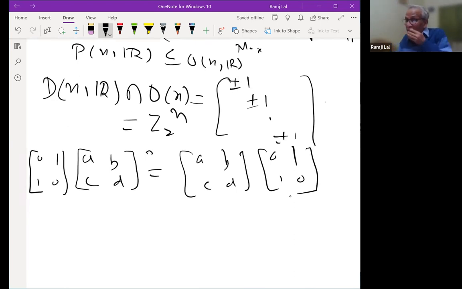Any transposition matrix will be like this: in the ith row, jth column it will be 1, and in the jth row, ith column again it will be 1, and ii will be 0, jj will be 0. That is the ij case. That is M tau ij.